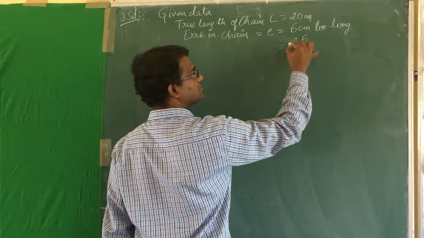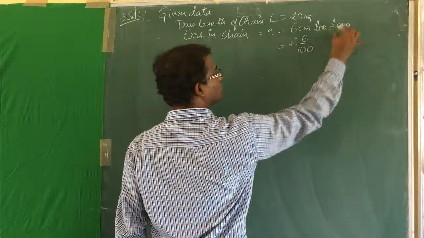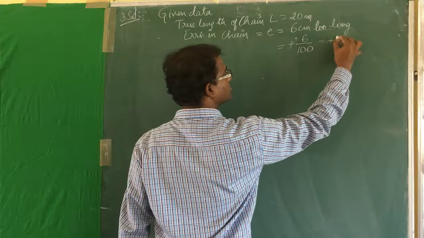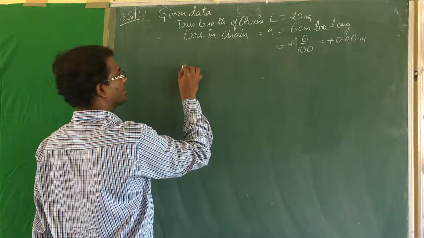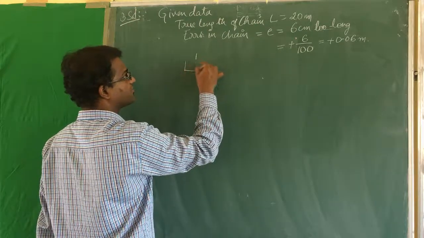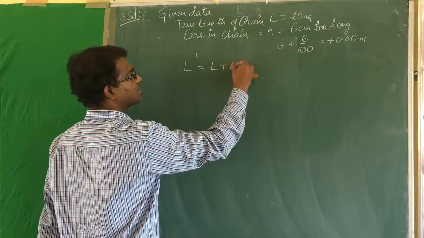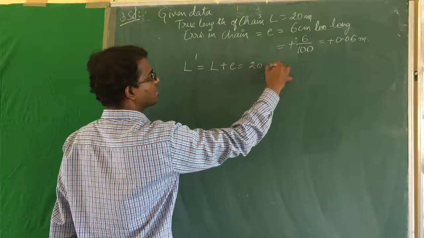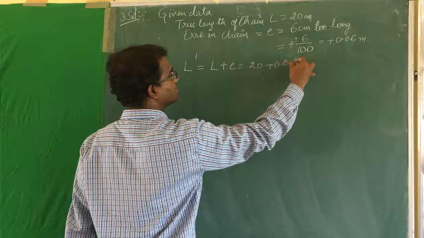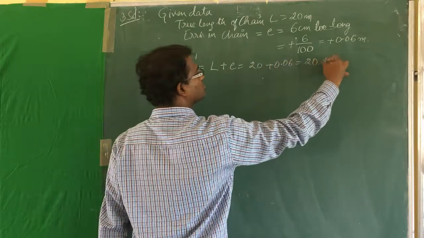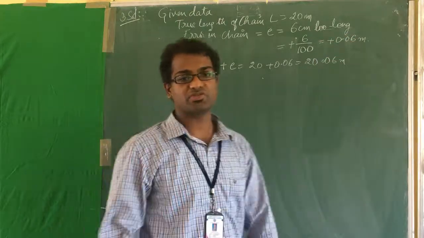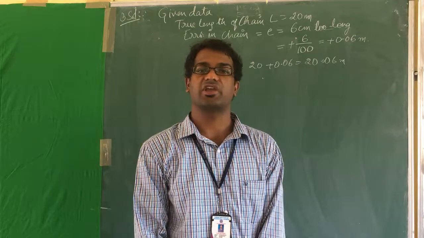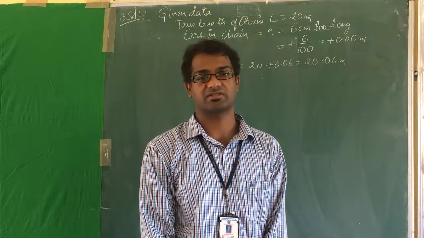This is positive because it is too long. This is plus 0.06 meters. Then L dash is given by L plus E, that is 20 plus 0.06, that is 20.06 meters. And he says that he has chained 900 meters.